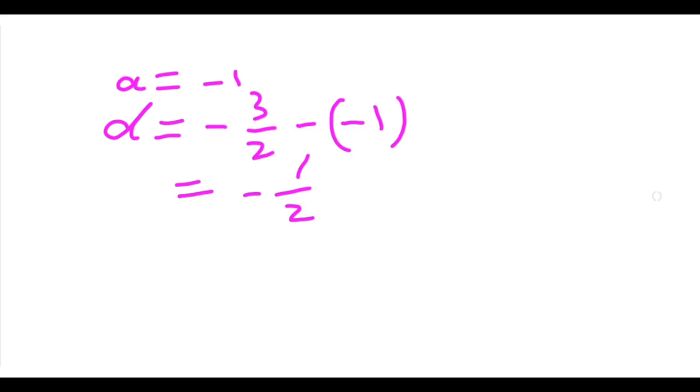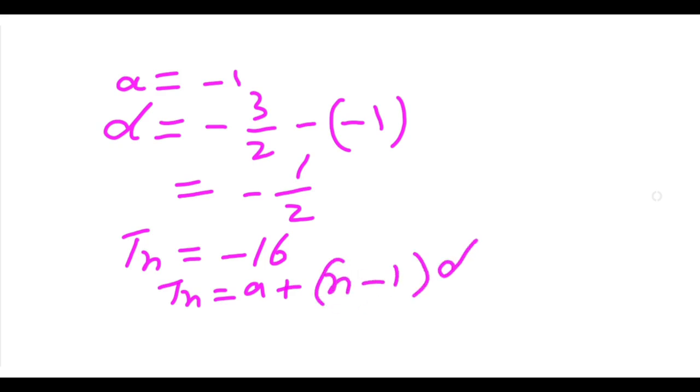Now the last term, which is Tn, is -16. Now we're going to use the nth term formula to find n. This formula, Tn is equal to a plus (n minus 1)d. Now we substitute all the values and then solve for n.